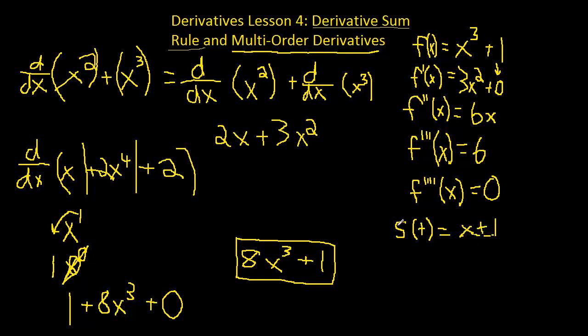S of t, usually this s means where the point is on a graph. This is our position. You give t a time, and you plug it in here, and this gives you your position.